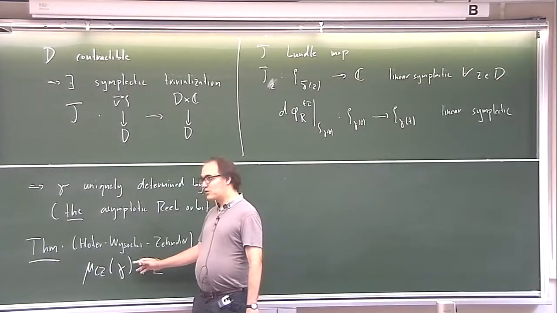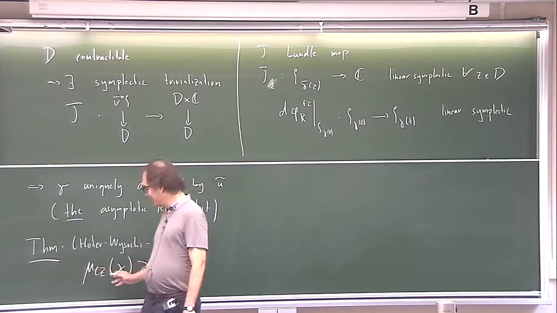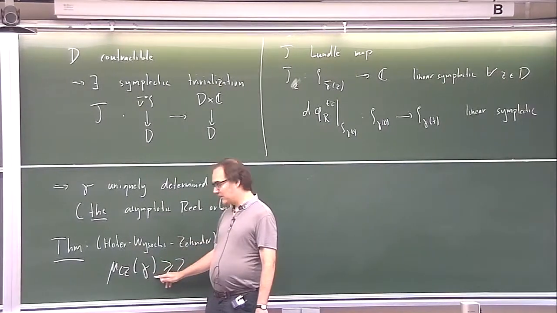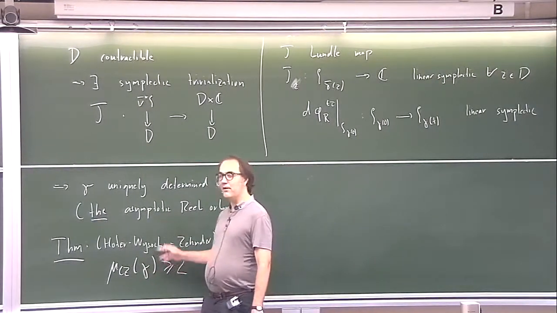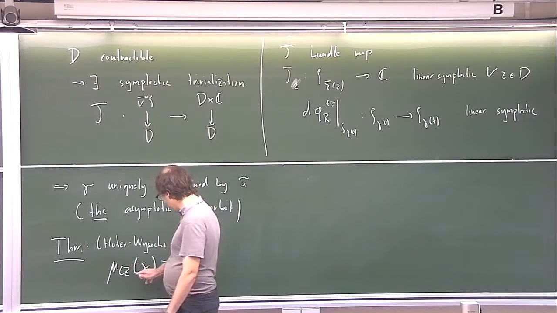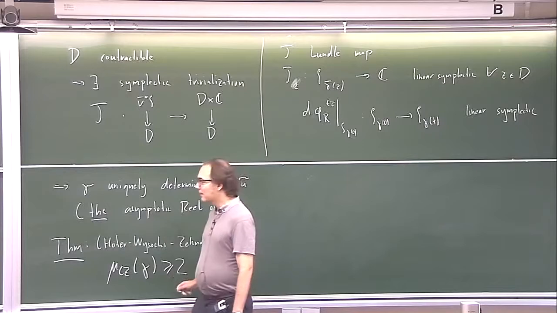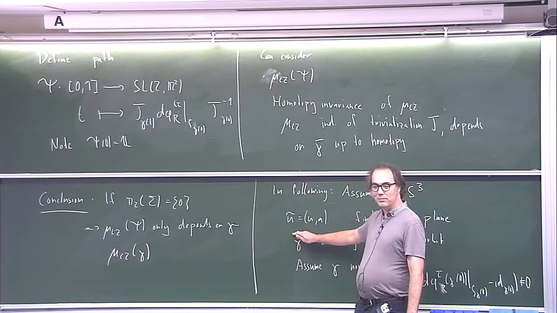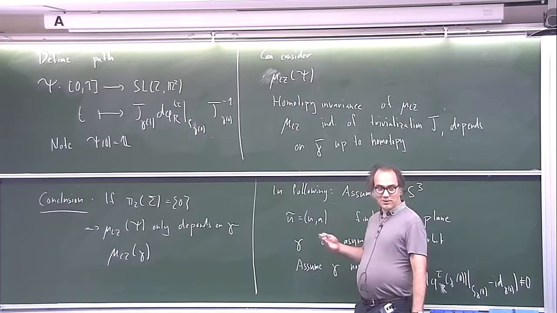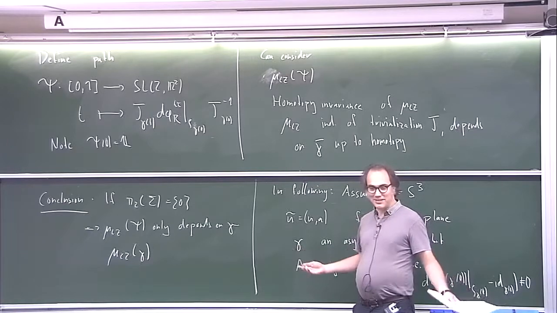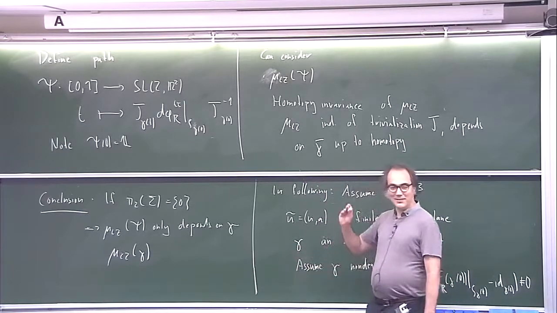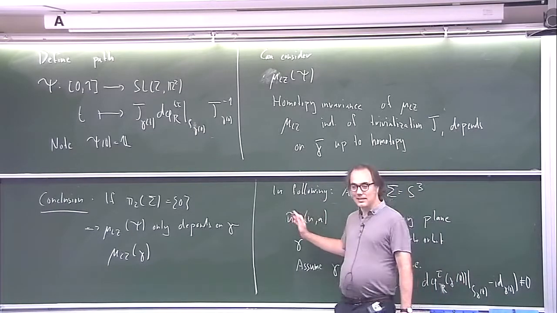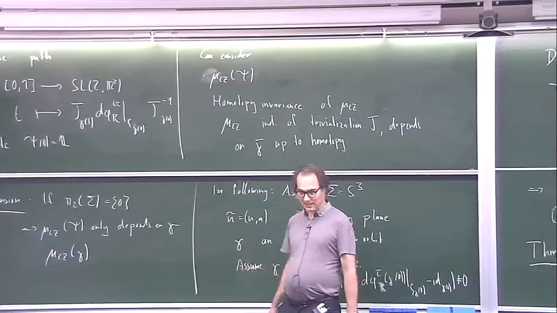You can ask Suguru, because Suguru is an expert on this index in symplectic field theory, and Suguru can explain to you that in these situations, if the Conley-Zehnder index of gamma would be less than 2, then the virtual dimension of the moduli space of finite energy planes would be negative. So, of course, nobody has seen a manifold of negative dimension, but it's just virtual, because there's a transversality issue. It might be not transverse, and so there might still exist solutions, although they are kind of non-generic.